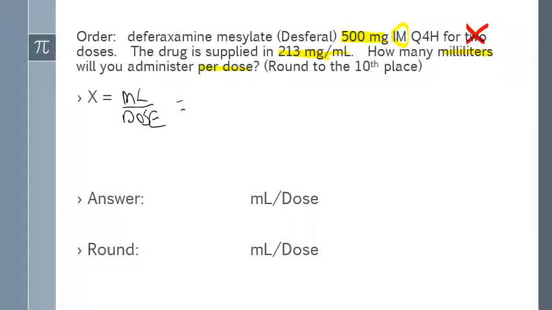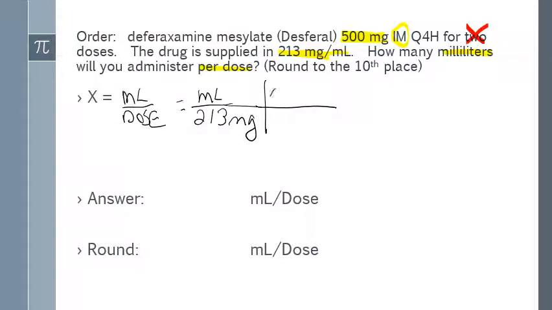We know that the order is 500 milligrams per dose. You can start with that one, or you can start with 213 milligrams per milliliter. I'm going to start with the milliliter. I know milliliter needs to go on top, so therefore the supply needs to go on the bottom.